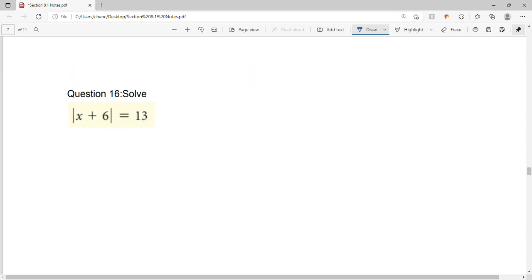So to solve question 16, we're going to use the previous problem to justify the steps in question 16. Now the previous problem was the absolute value of x is equal to 2. Now we had two solutions. We said that x could be equal to 2 or x could be equal to negative 2.